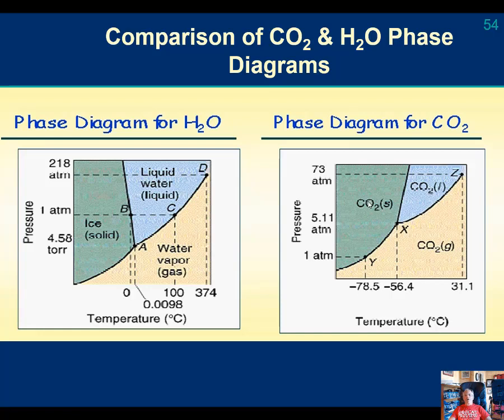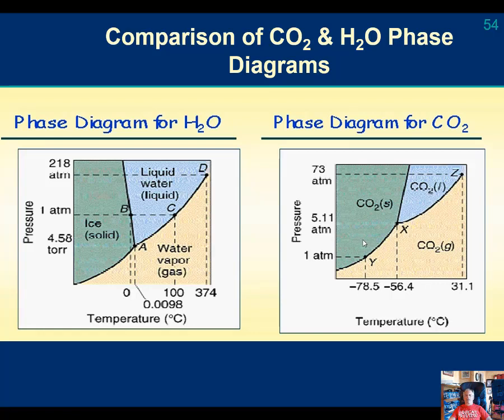But on the carbon dioxide phase diagram, you'll notice that the triple point exists at 5.11 atmospheres thereabouts. So what that means is that at normal atmospheric pressure that you and I are experiencing right now, there is no liquid phase for carbon dioxide. So down here at 1 atmosphere, you only have the solid and the gas phases for carbon dioxide.